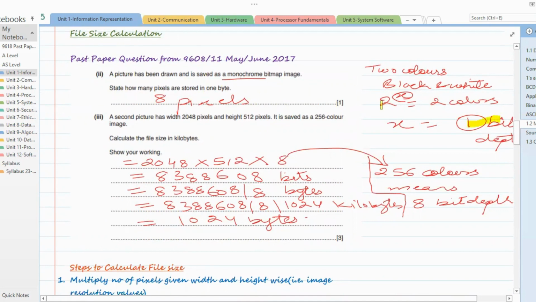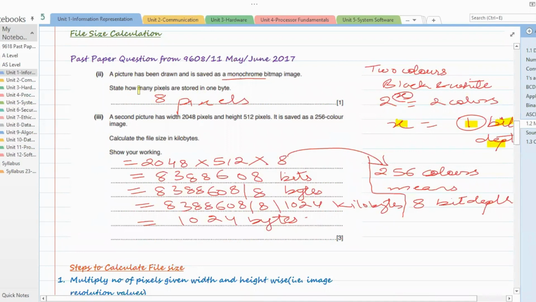So 2 raised to power x equals 2, since they have given you two colors. What is the value of x to make it 2? 2 raised to power 1 is 2. That is why x is 1, and 1 is the bit depth.